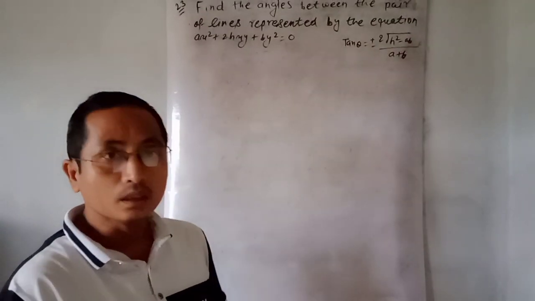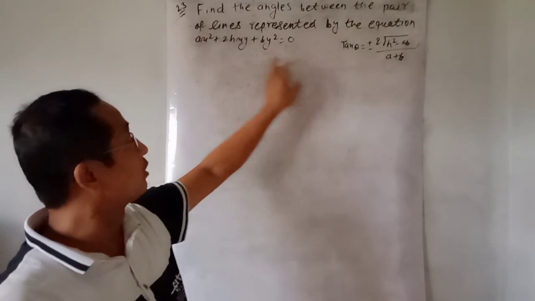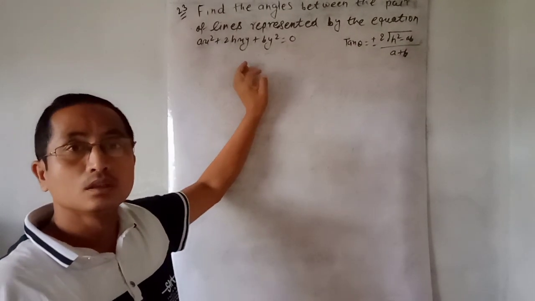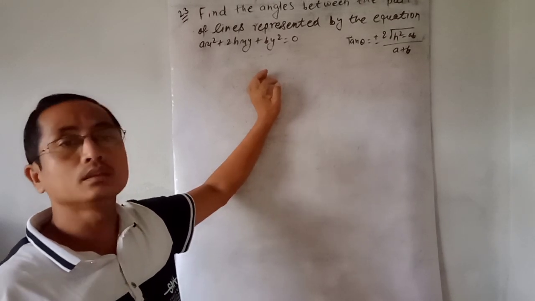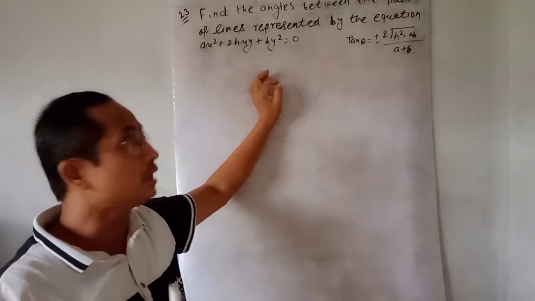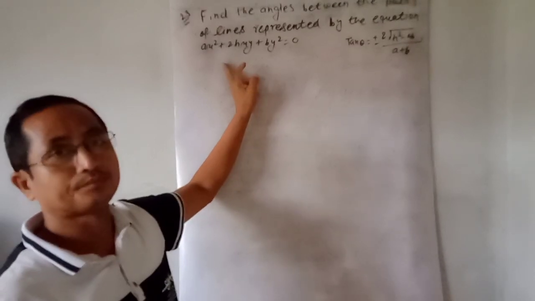This formula we use in order to find the angles between two straight lines when their combined equation is given.